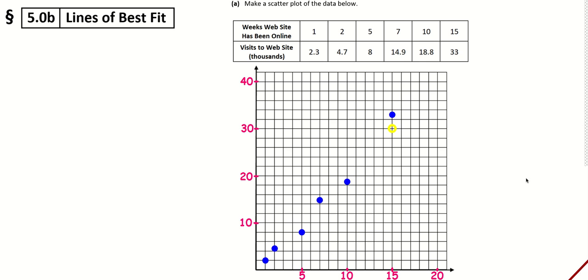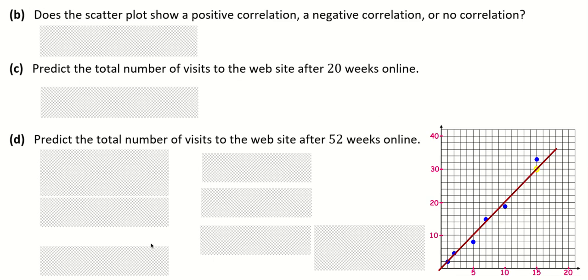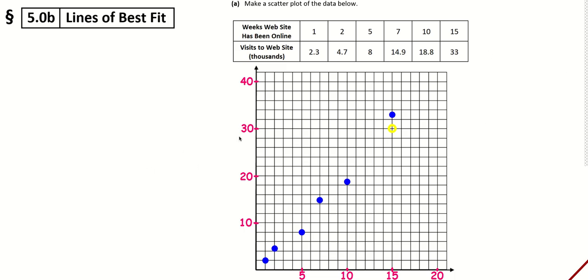Now part B, draw your line of best fit. That's going to be a pretty common thing in the directions, but to answer the questions from here, at least C and D probably, it's going to be best to have what we call a line of best fit.